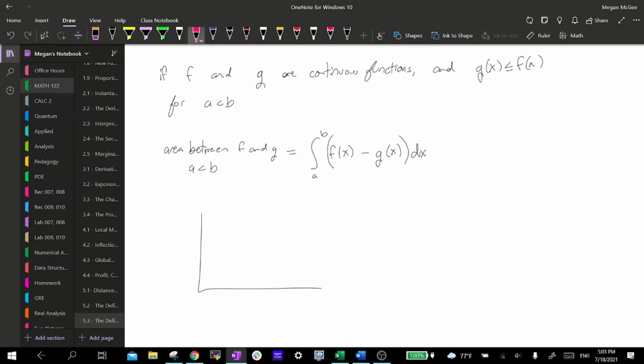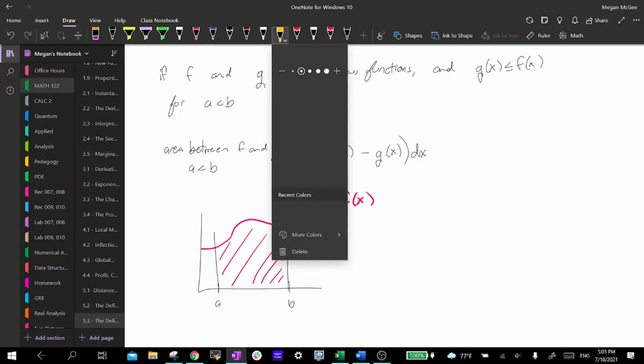Alright, so let's say this is our function f of x. Okay? And let's say we have a to b over here. So our area for f of x would be given here. Okay? And then let's look at g of x.